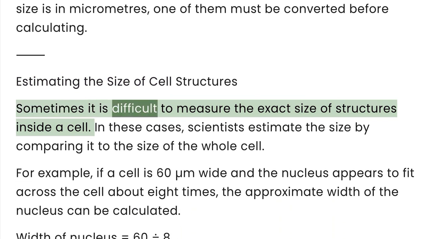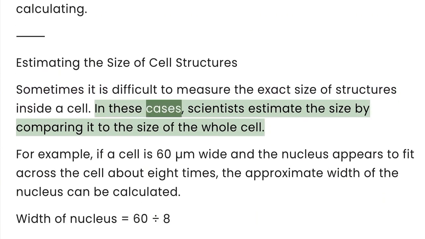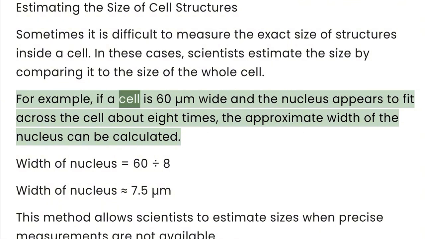Estimating the size of cell structures. Sometimes it is difficult to measure the exact size of structures inside a cell. In these cases, scientists estimate the size by comparing it to the size of the whole cell. For example, if a cell is 60 micrometers wide and the nucleus appears to fit across the cell about 8 times, the approximate width of the nucleus can be calculated.